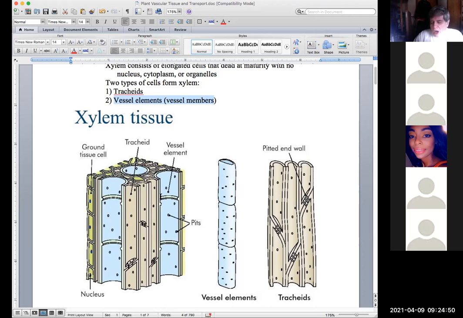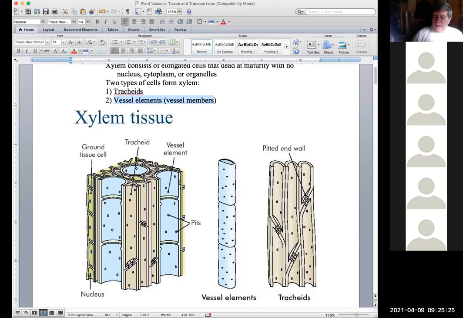Vessel elements are only found in angiosperms, flowering plants: the monocots, the eudicots, and some of those other minor groups that are classified with the dicots. The cells are actually pretty similar, except there are a couple of differences we're going to emphasize. The tracheid cells are very narrow.